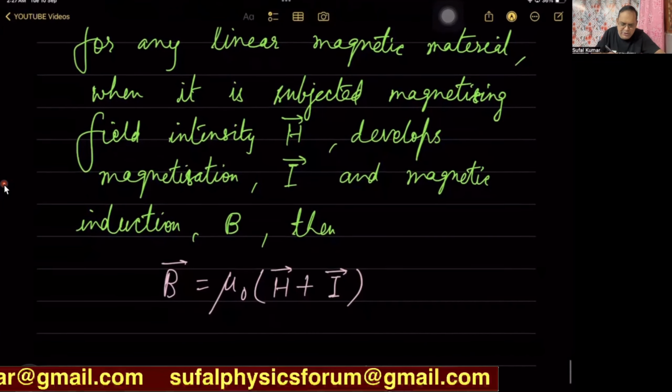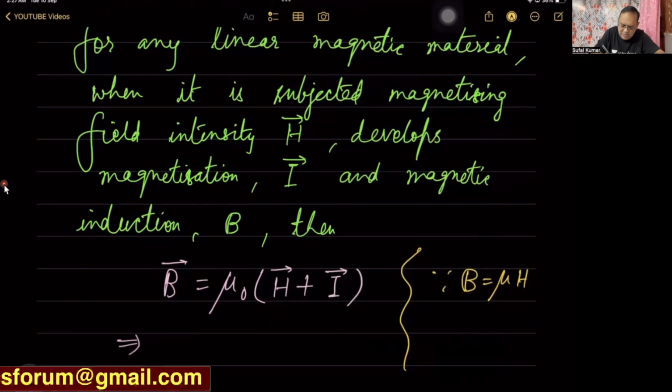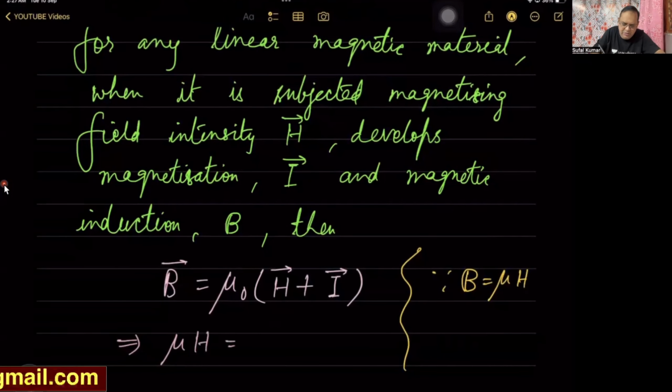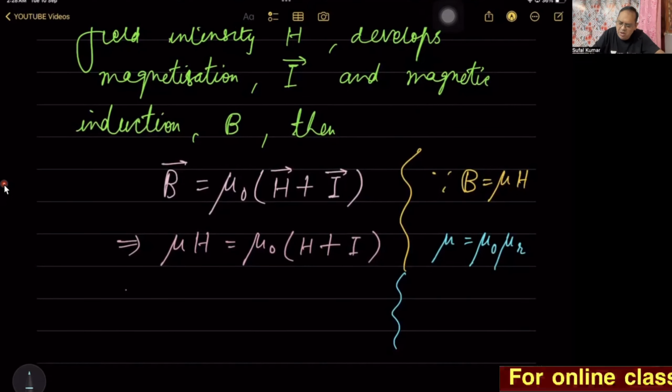Since B is equal to mu H, it implies that mu H is equal to mu naught H plus I, and also mu is equal to mu naught into mu R.